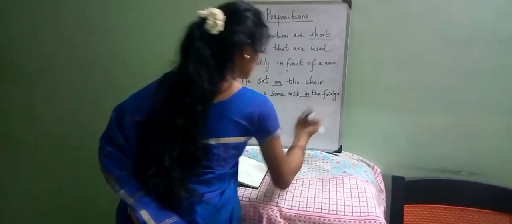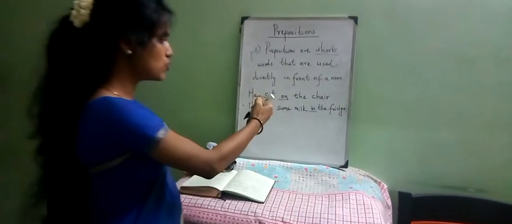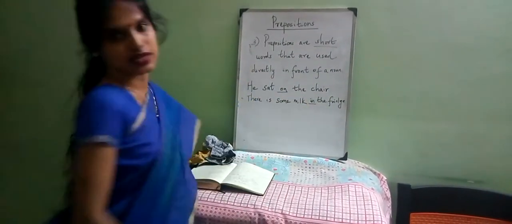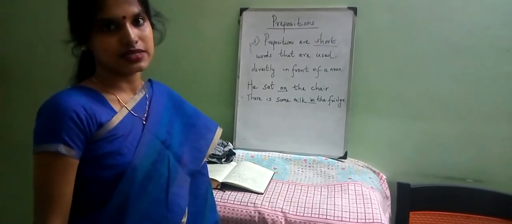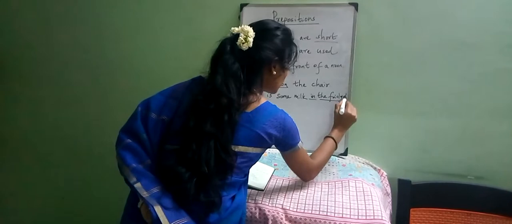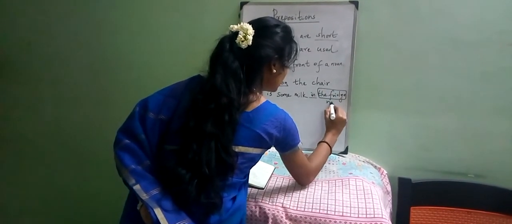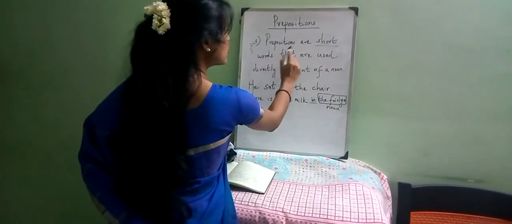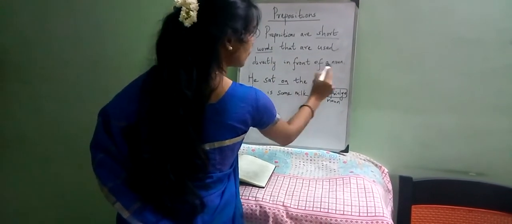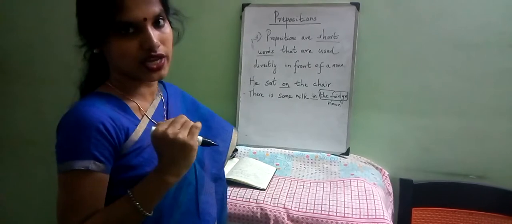So in is used as a preposition here. It is connecting these two phrases of the sentence. See, it is used directly in front of the noun. I told you prepositions are short words that are used directly in front of a noun. That is the third definition I gave you.